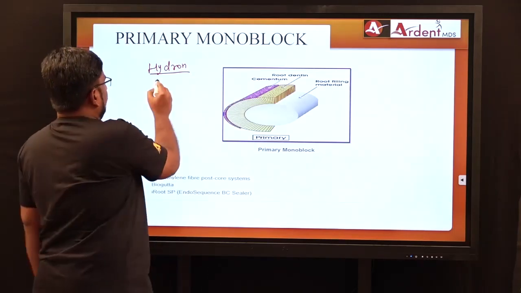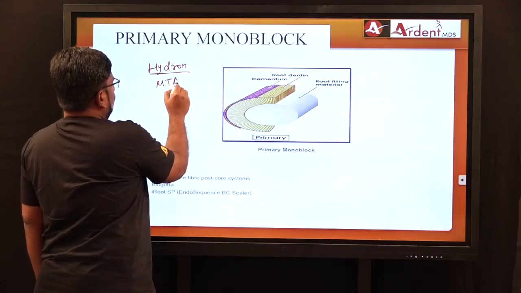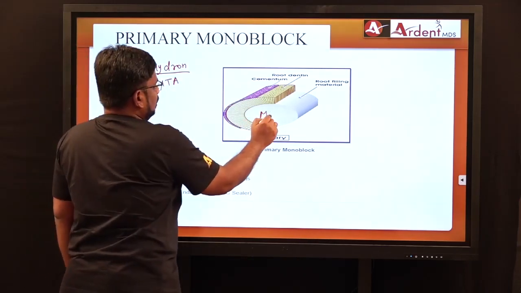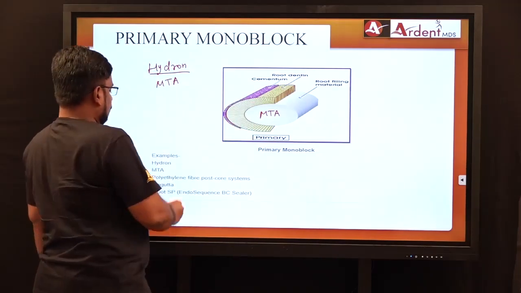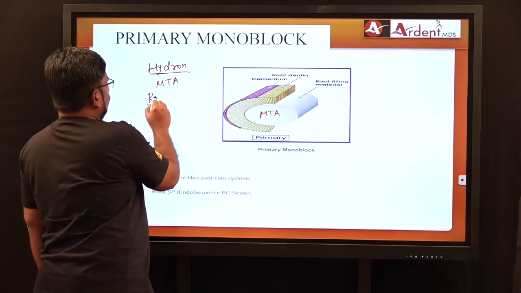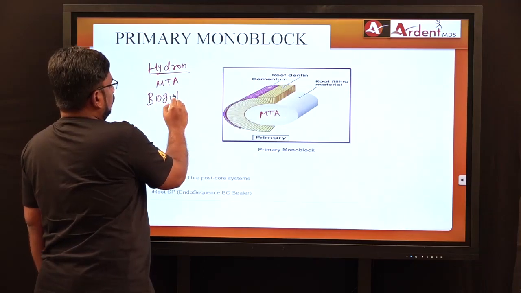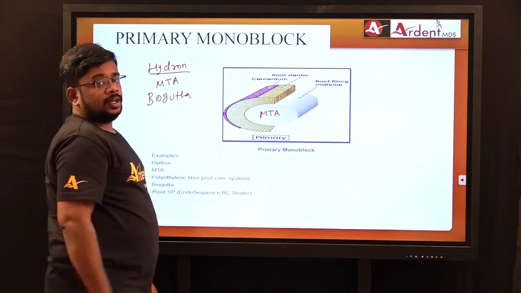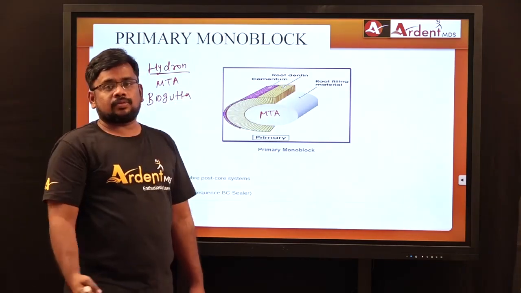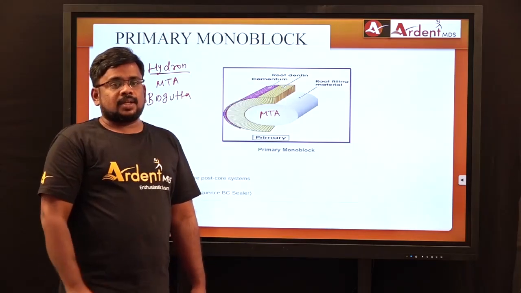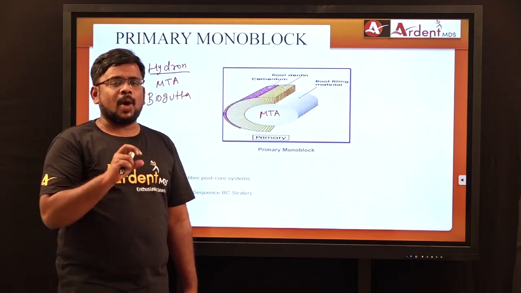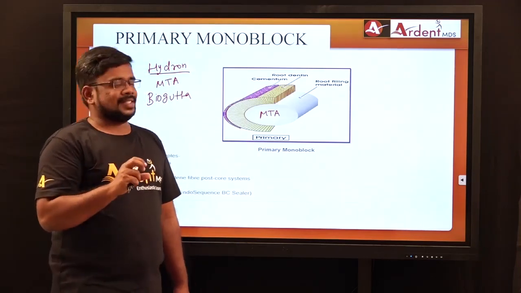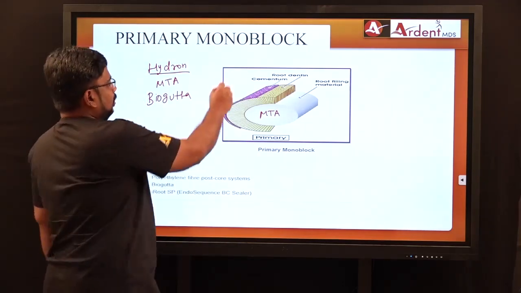Number 2, MTA alone, which acts as a core material directly bonded to the dentin. And number 3, Biogutta. You may get a question on this recent type of core material. So what is this Biogutta? Biogutta is nothing but bioactive glass plus polyisoprene.